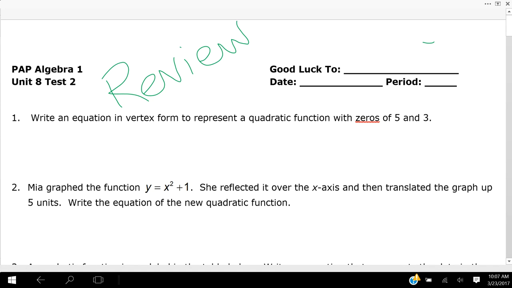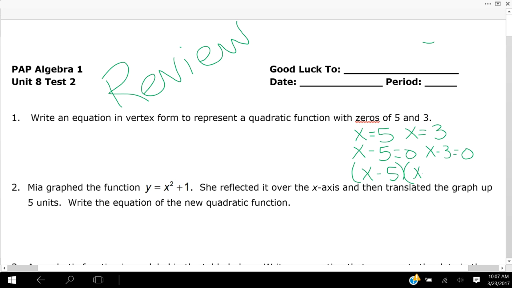What you're given is the zeros, which means x equals 5 or x equals 3. If I set it equal to 0, that means x minus 5 equals 0, or x minus 3 equals 0. And then I'm going to multiply x minus 5 times x minus 3.